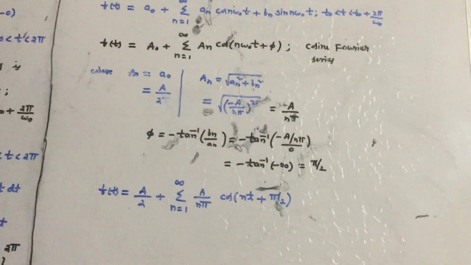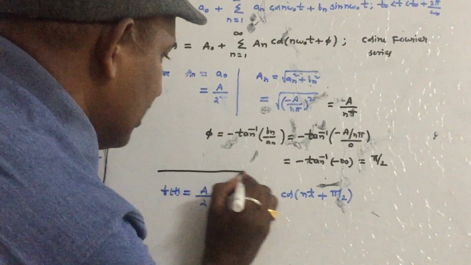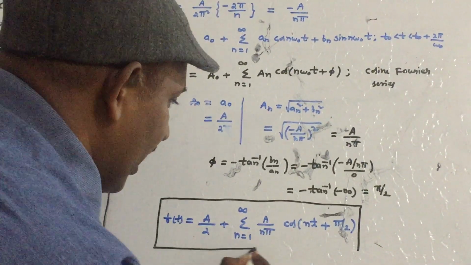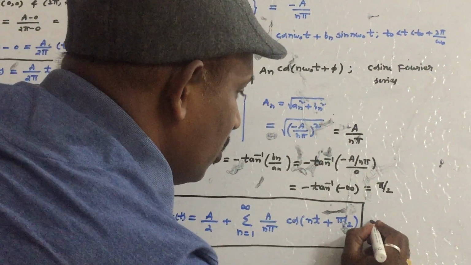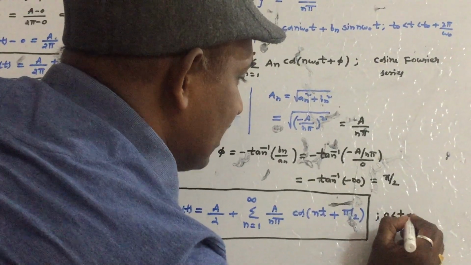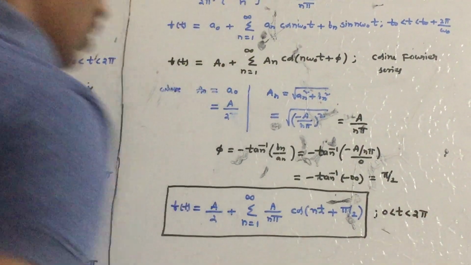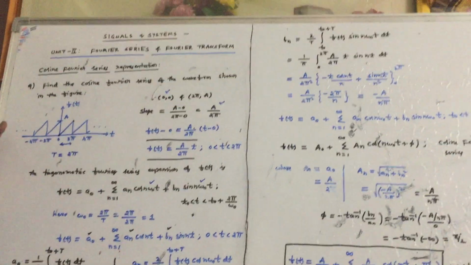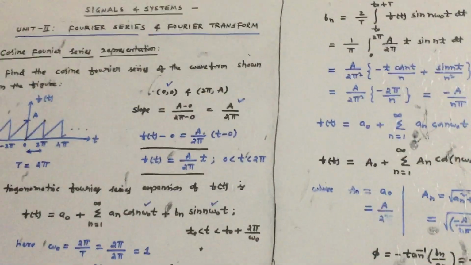So this is the answer for this problem, the cosine Fourier series representation of the given waveform. In one cycle, what is our cycle? 0 less than t less than 2 pi. So this is the answer for this very simple problem, an important problem also.